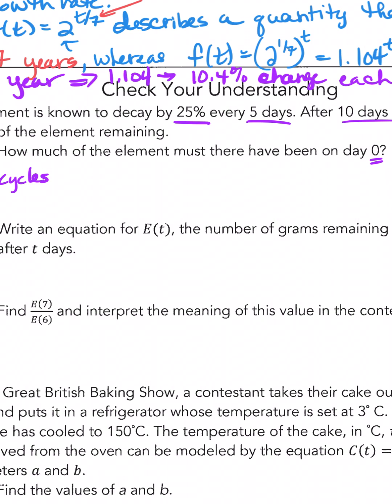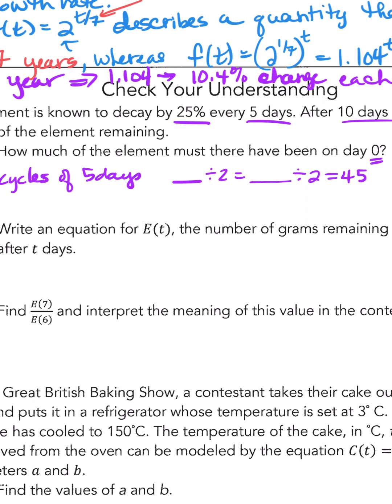So if we had 2 cycles of 5 days, that means that we started with something, we divided by 2, and we got some amount, divided by 2 again, and we ended up with 45.